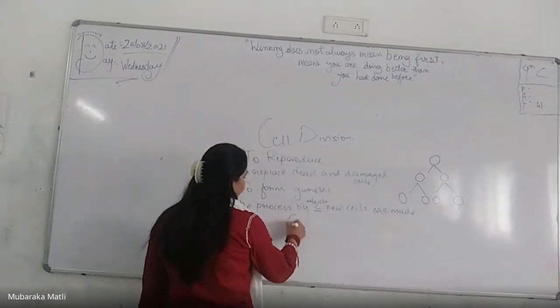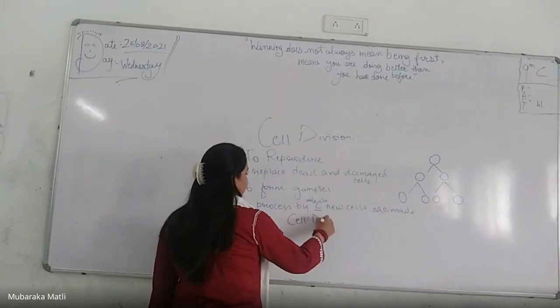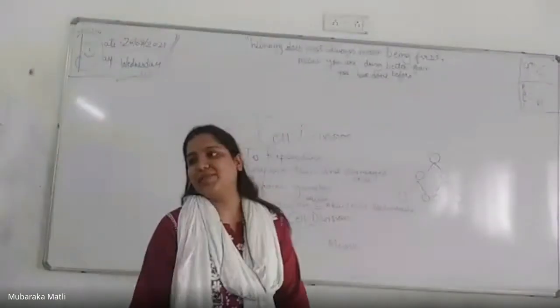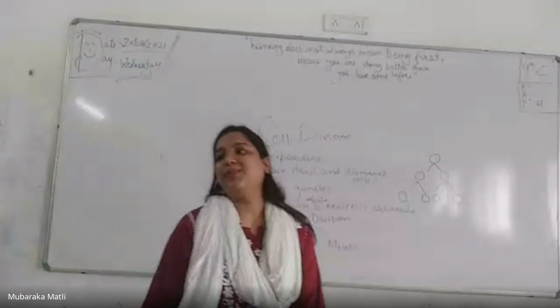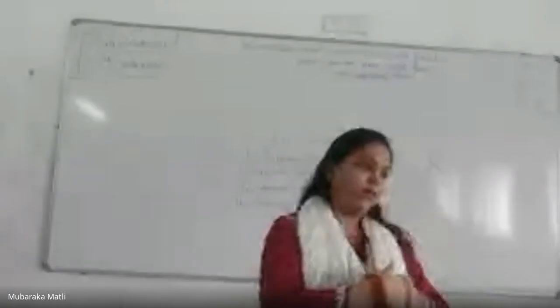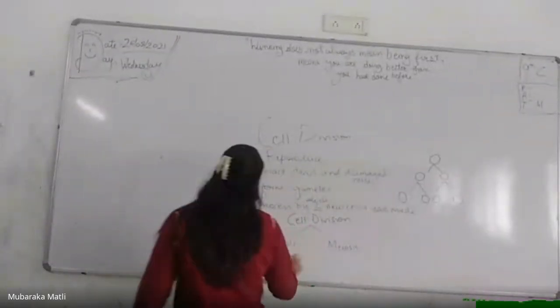Mitosis and meiosis. Cell division occurs mostly through mitosis.